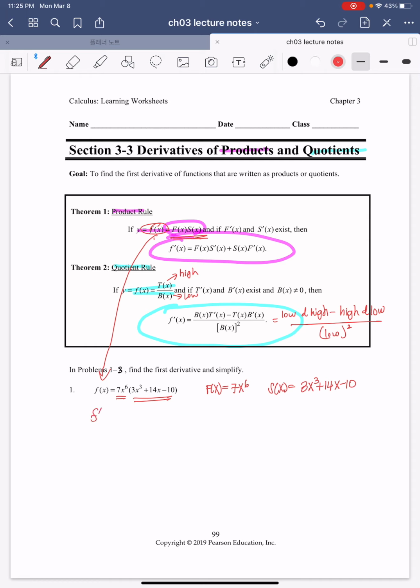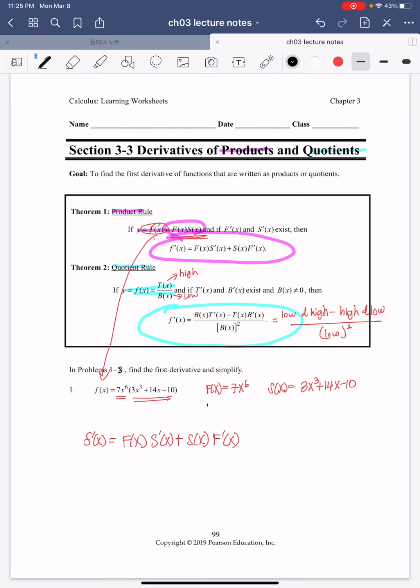Now you have the formula, so it's capital F, and then let me put it on the bottom here, and then S prime, which means the derivative of the S function, S of x, capital F prime of x. So let's go ahead and have everything ready.